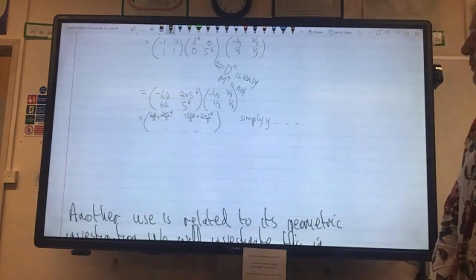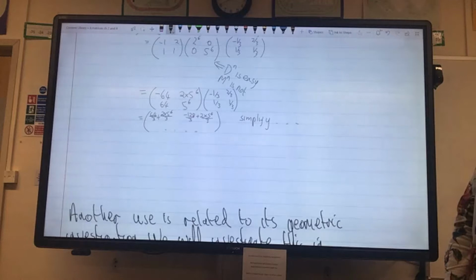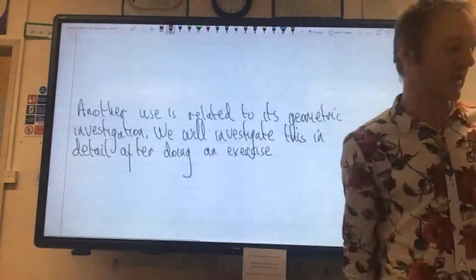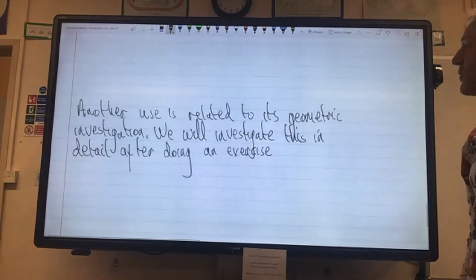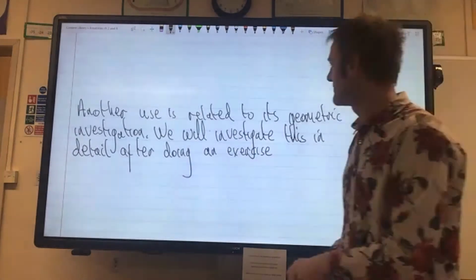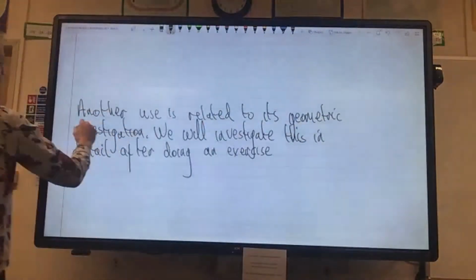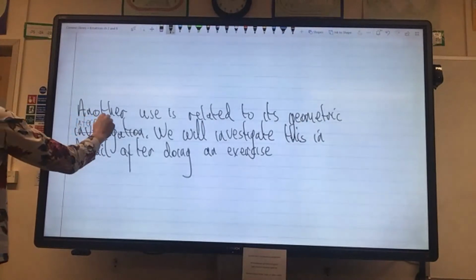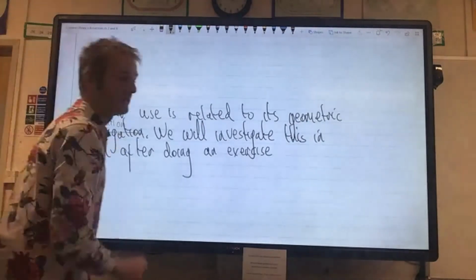Okay, that is where I intend to leave the teaching this morning. The last bit there says another use is related to this geometric investigation, or interpretation, I should say. We're going to look at that later on after we've done an exercise.